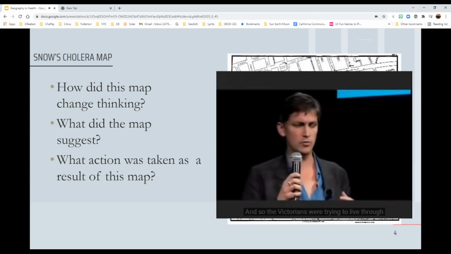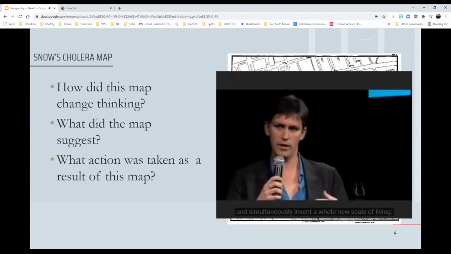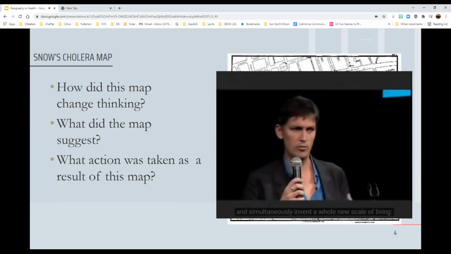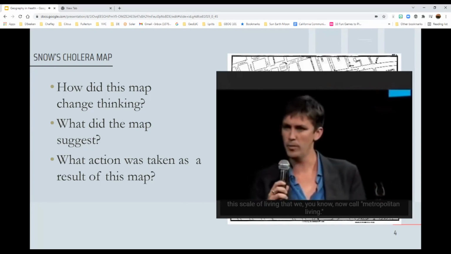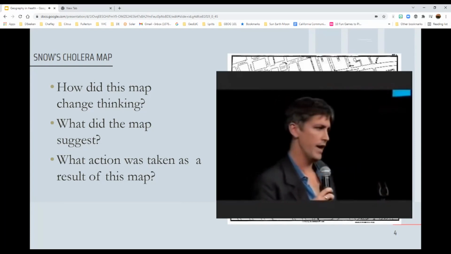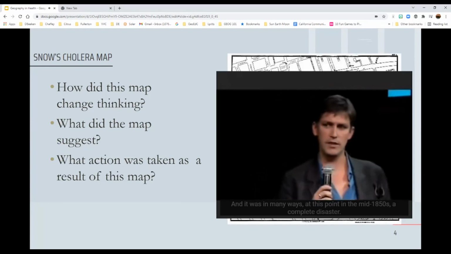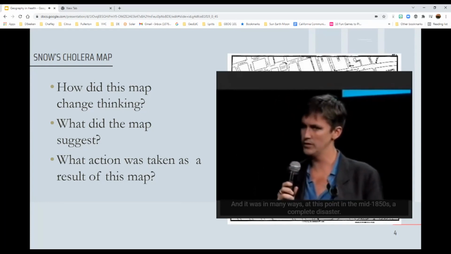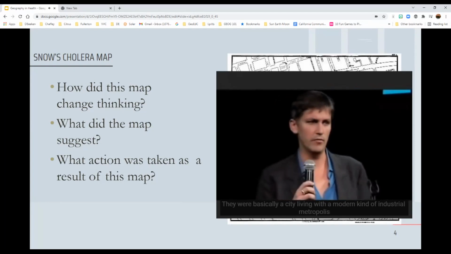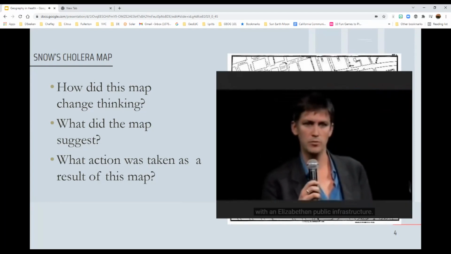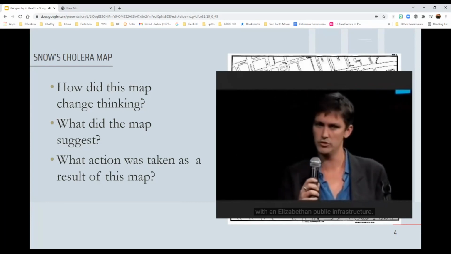So the Victorians were trying to live through and simultaneously invent a whole new scale of living, the scale of living that we now call metropolitan living. And it was, in many ways, at this point in the mid-1850s, a complete disaster. They were basically a modern industrial metropolis with an Elizabethan public infrastructure.